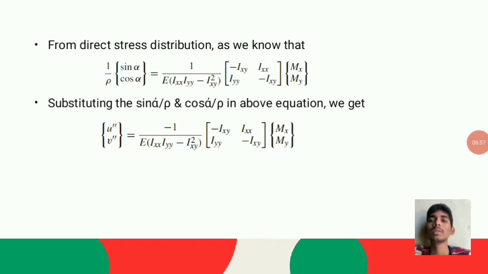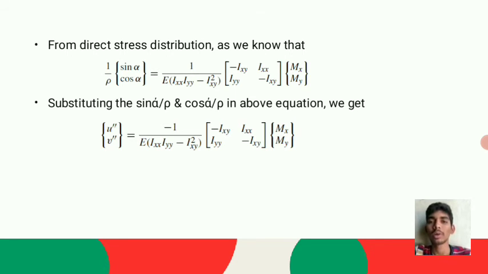In the above formula, it describes u double dash, and as you know, u is the x component and v is the y component. As you know, u dash means integration of the component along the x-axis, and differentiation of the component along the x-axis gives a displacement.